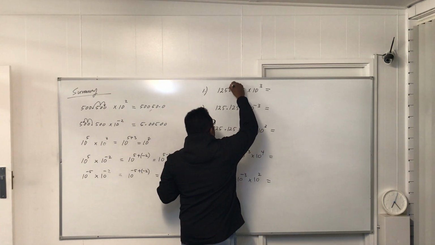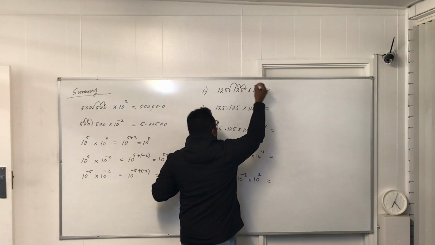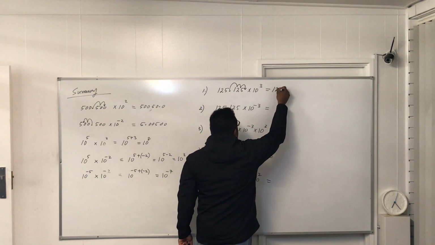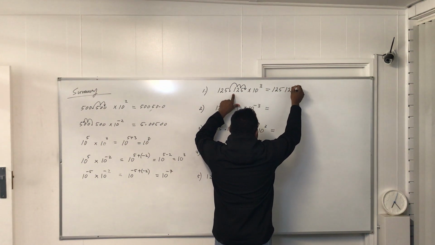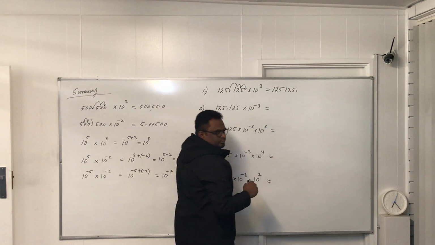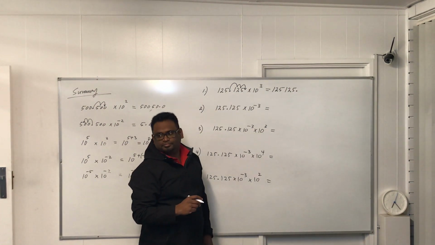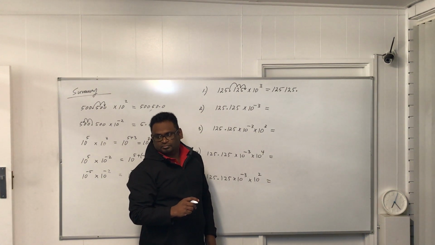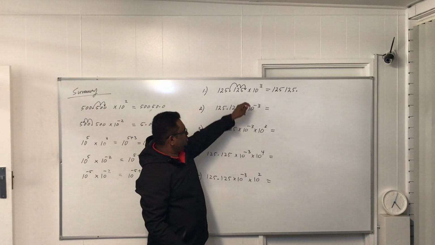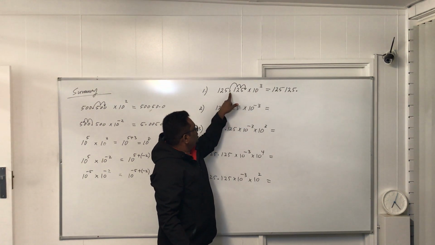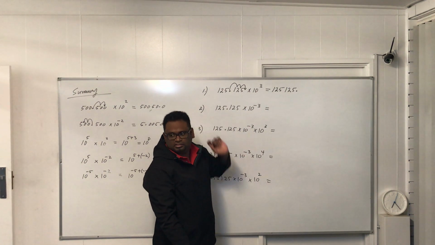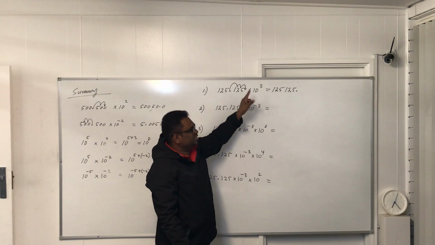So it should be 1, 2, 3. So it's going to be 125. Then again 125. So you put the dot here, right here. And then times 10? No, you are not going to multiply by 10, because this 10 to the power 3 means you are moving this dot there, that's it. This 10 to the power 3 will disappear when you are moving.